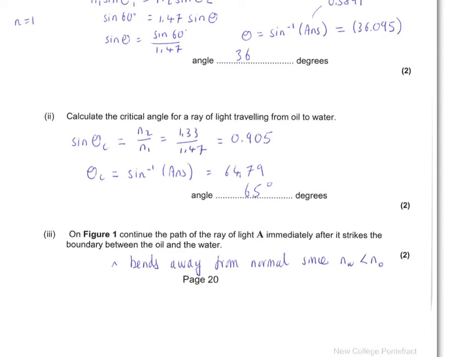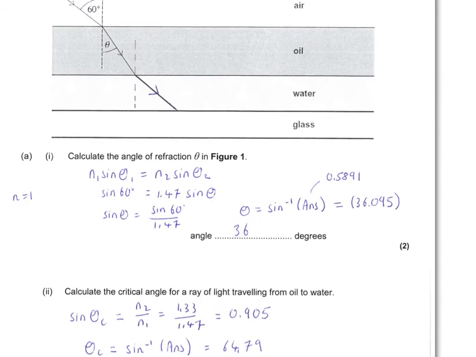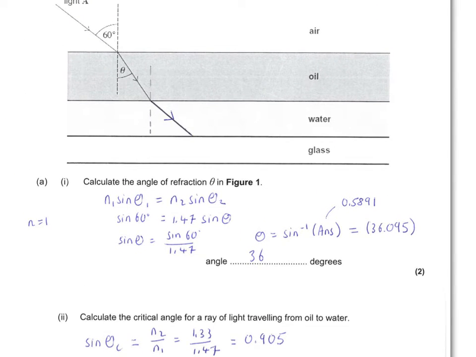Looking back at the diagram, we see that the angle of incidence at this oil-water boundary is 36 degrees. We had calculated that previously as this angle here, which will equal this one here because they are alternate angles.